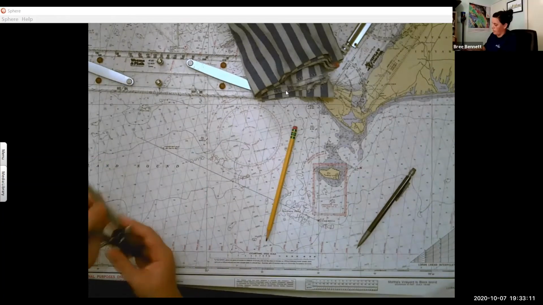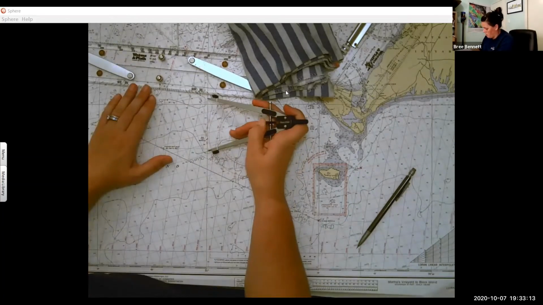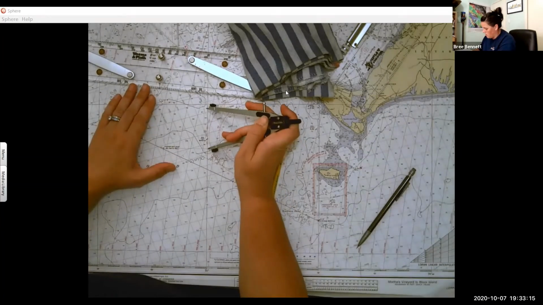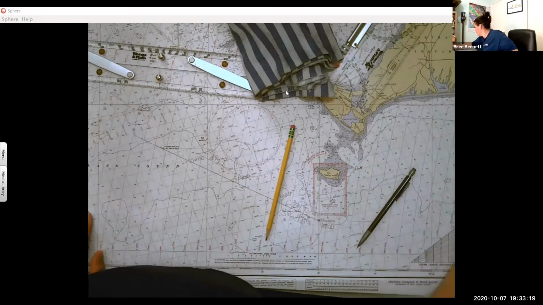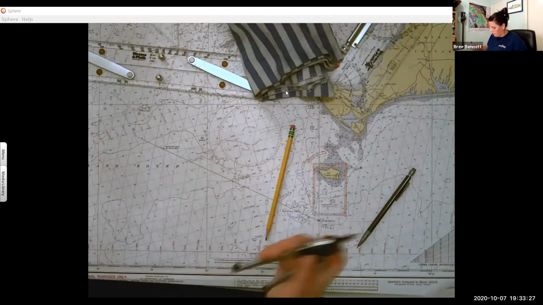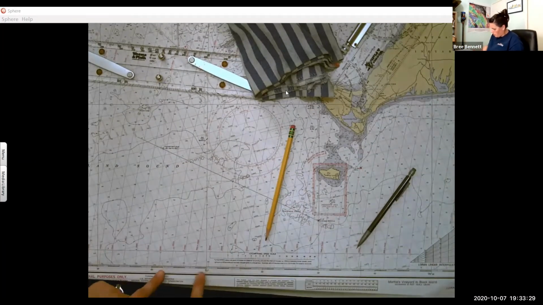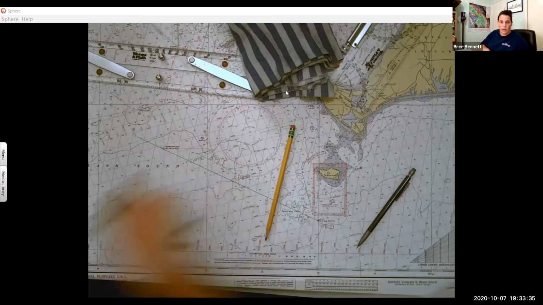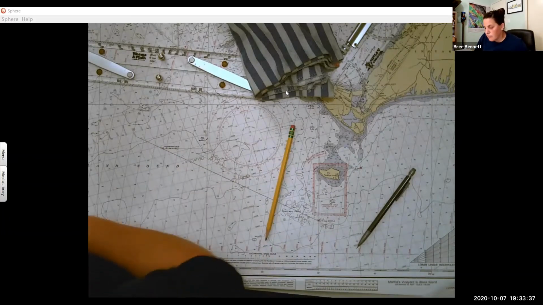Get our latitude. 41, 17.0. Yep, 41, 17.0. 71, 4.0. That is our position for our depth charge.